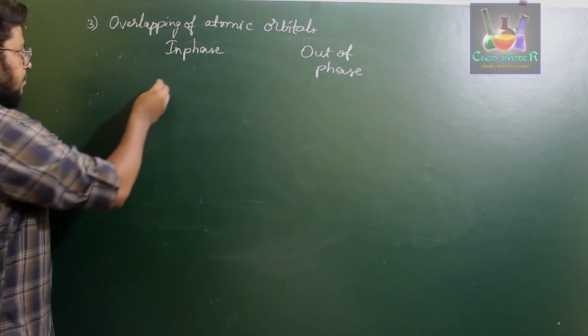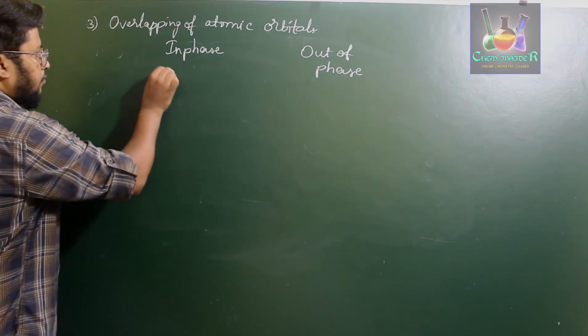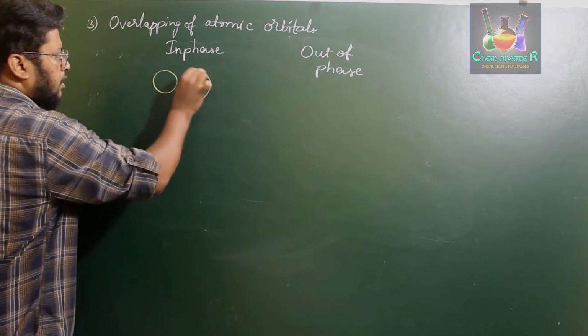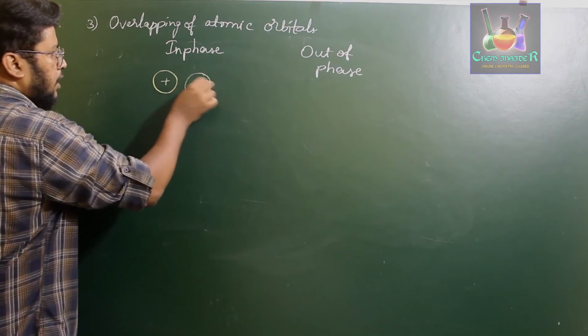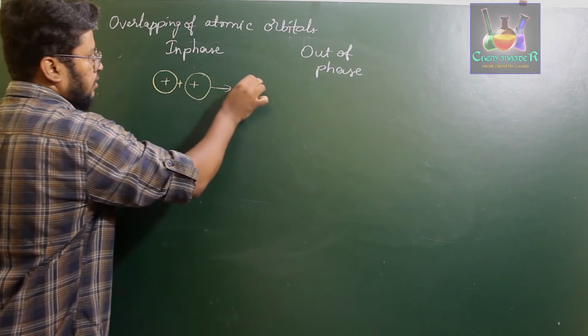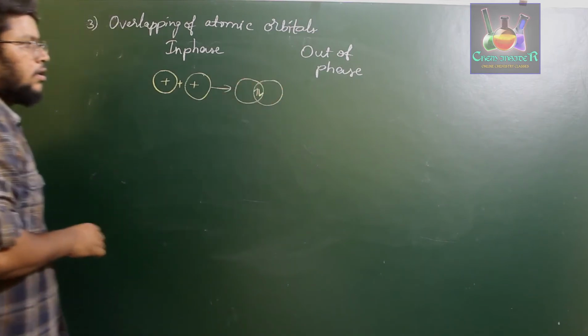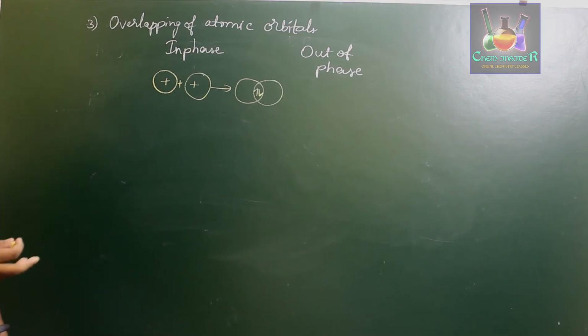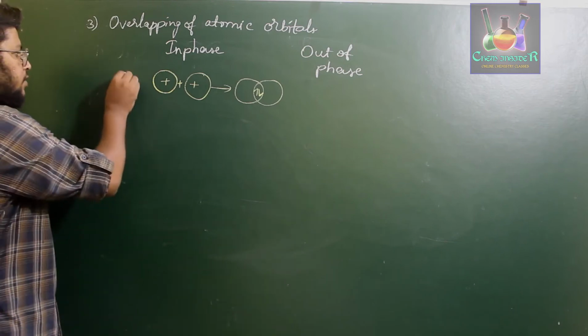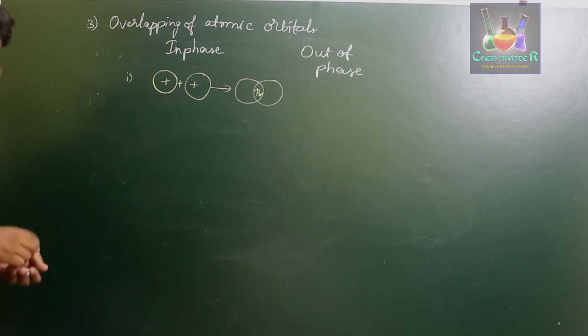Now for the in-phase overlapping of s orbitals, we usually have just the in-phase overlapping. So this gives us orbitals like this. There is no out-of-phase overlapping for s orbitals, only in-phase, because it is always a positively charged species.